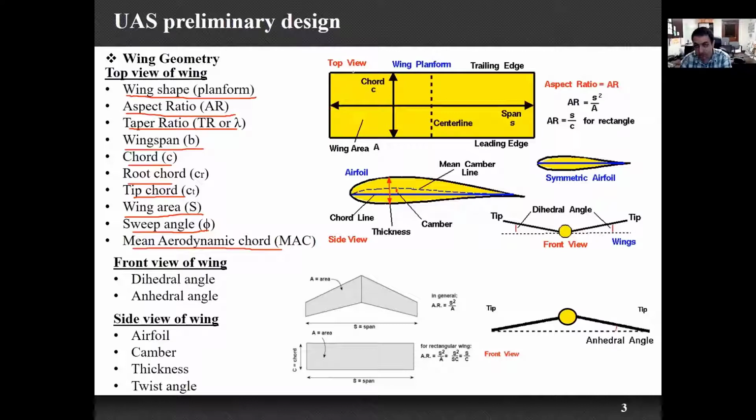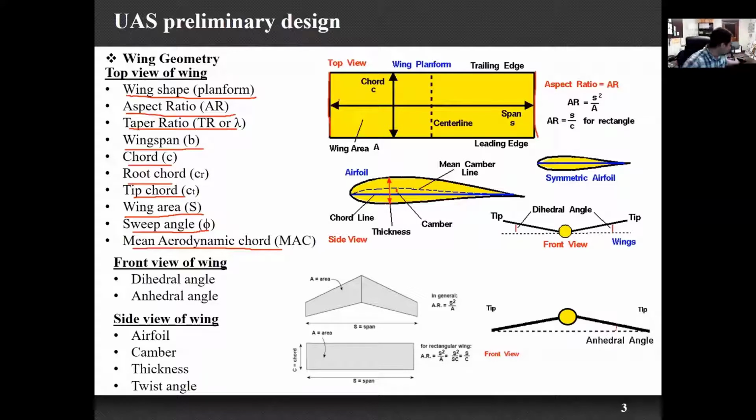Now if we consider that this is the wing of an airplane, from this tip on both sides, the left and right side of the wing, the distance between these two tips is called the wingspan. It is the largest distance between the chords at the tips of our wing.